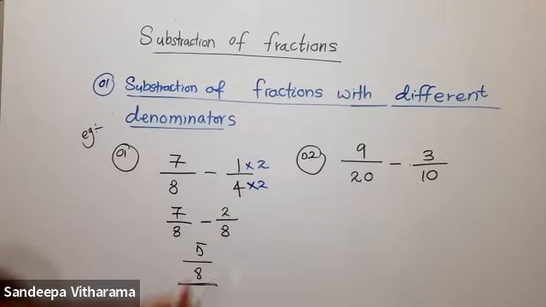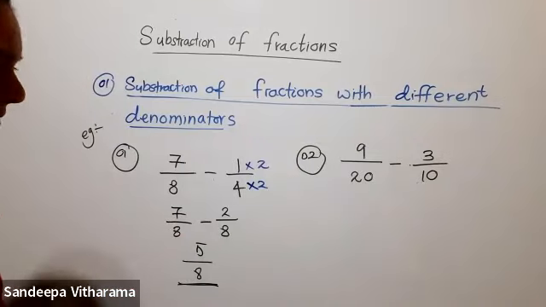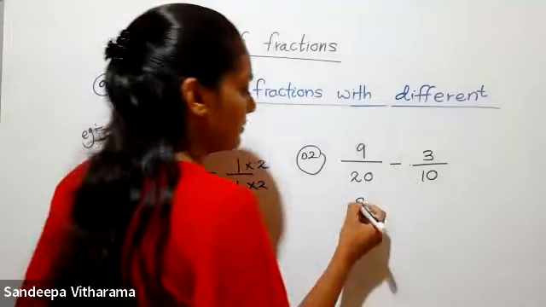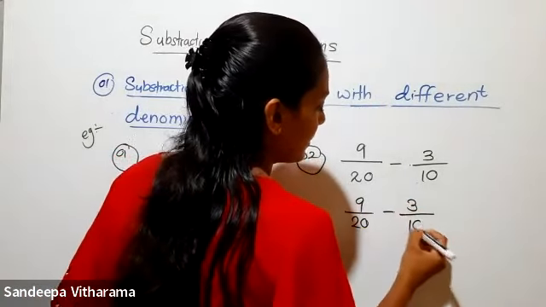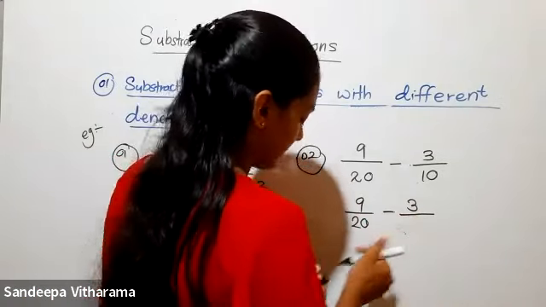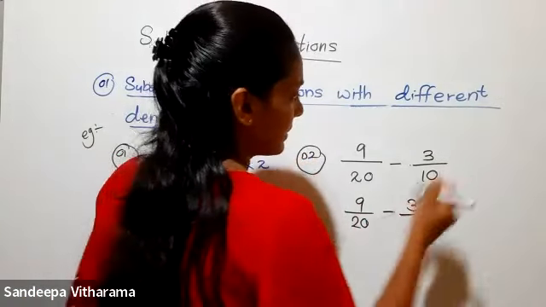Yes, what is the answer for the second one? Very easy question, no? 9 upon 20, and 3 upon 10. Let's convert. What do we need to do there?